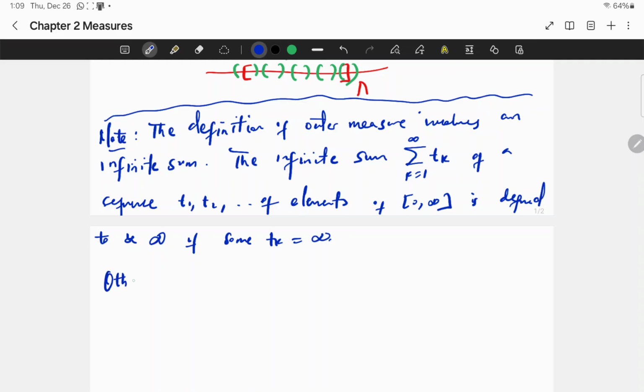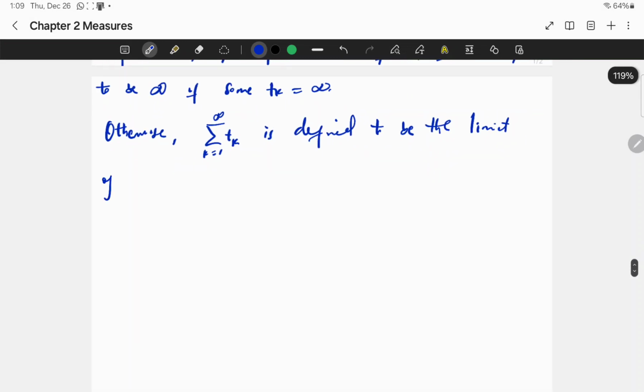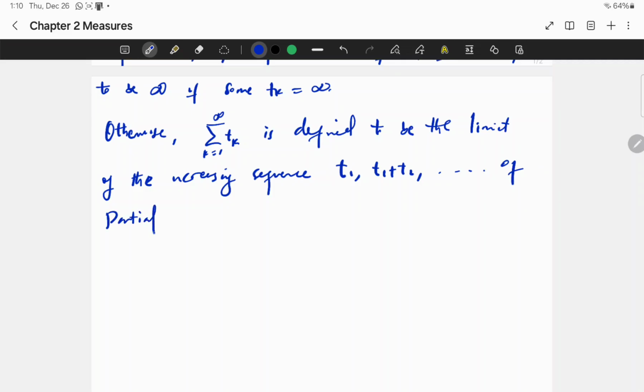and otherwise, the summation k equals 1 to infinity of t_k is defined to be the limit of the increasing sequence of partial sums t_1, t_1 plus t_2, and so on. The sum from k equals 1 to infinity of t_k can be written as the limit as n tends to infinity of the sum from k equals 1 to n.